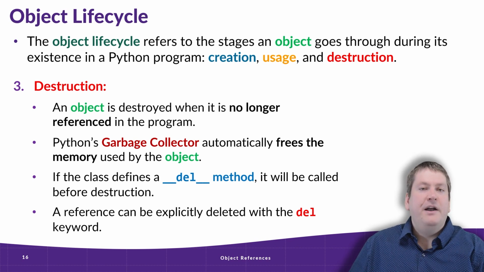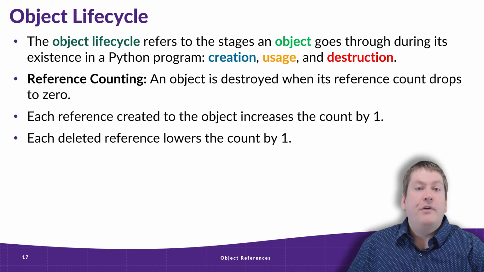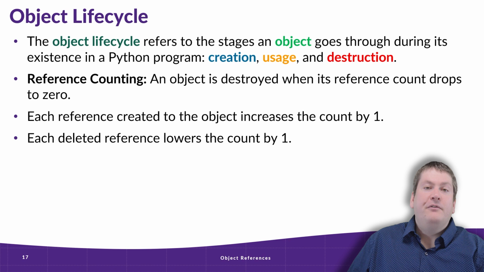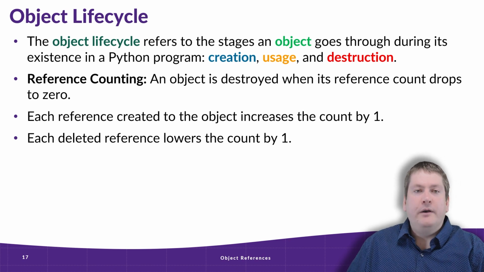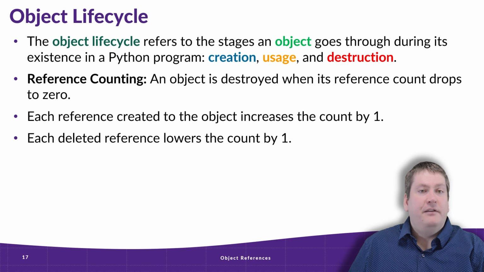That allows us to tell Python to remove this reference from the object, and once all references to an object are gone, it's destroyed. So this brings us to reference counting. An object is destroyed when its reference count drops to 0. Each reference created to the object increases the count by 1, and each deleted reference lowers the count by 1, whether that's an explicit deletion or one that happens through other means.